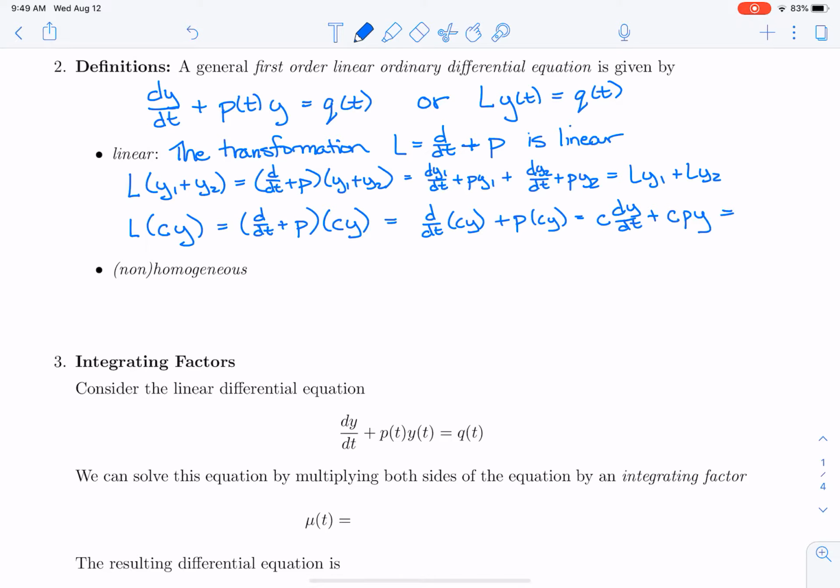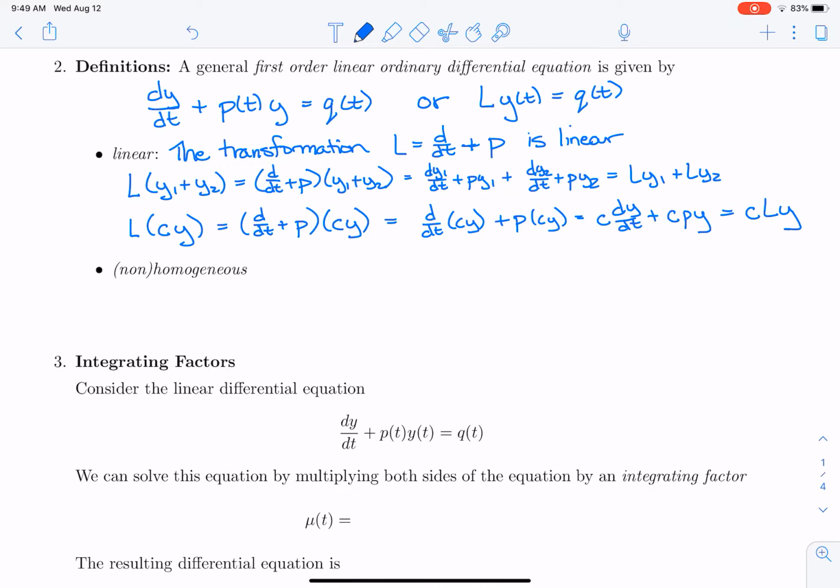Okay, so that's actually going to be c times L done to y, because we can factor out the c. Okay, so we've satisfied the two properties to show that L is a linear transformation. So that's what's making this first order equation a linear differential equation: the fact that the transformation, what is being done to y, is a linear transformation.